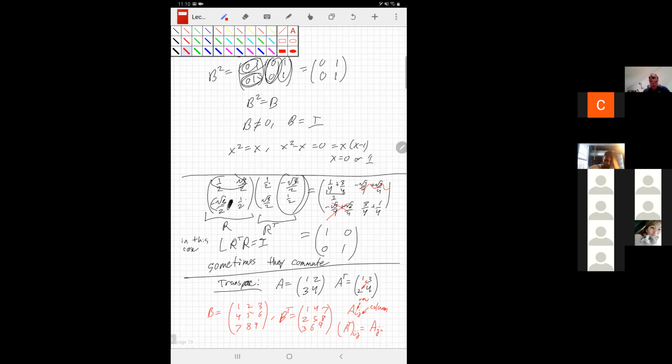So you've got the element in row i, column j of matrix A. Well, in matrix A transpose, the element in row i, column j is whatever was in row j, column i.